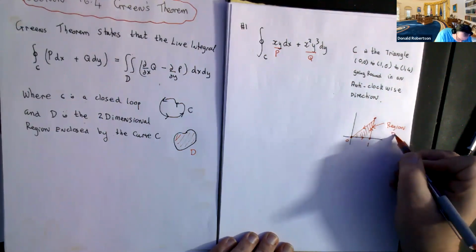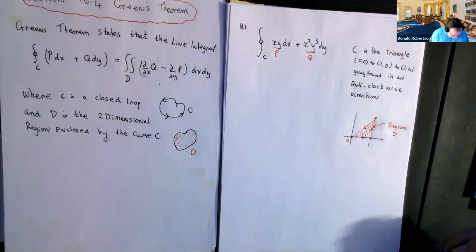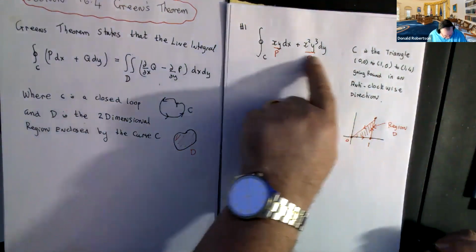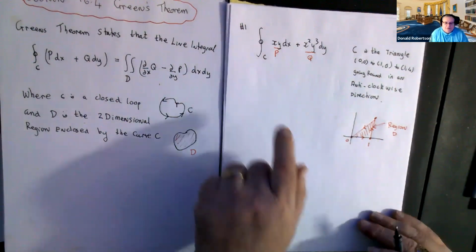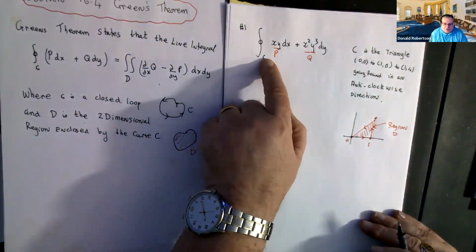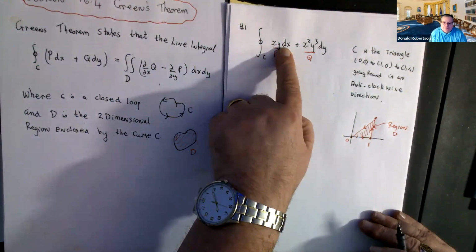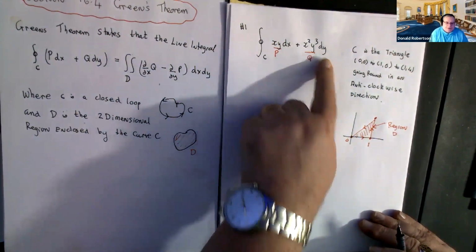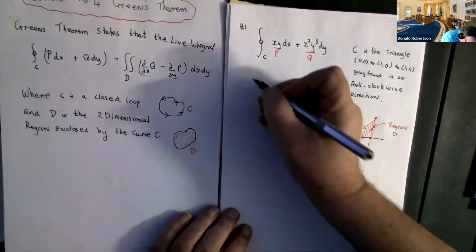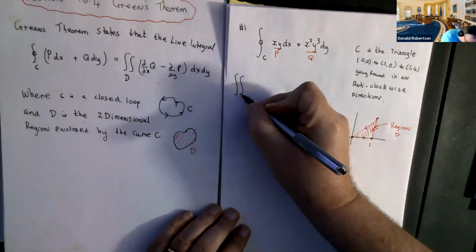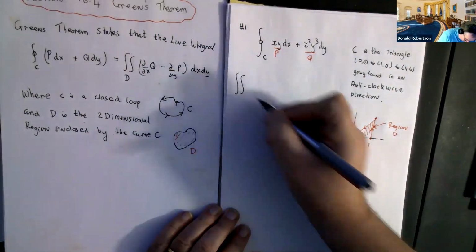Basically, I'm setting up all the pieces that we need. So this, it's called a line integral over the closed loop C, where that guy xy with respect to dx and this bit with respect to dy turns into a double integral over the region D, which is this guy.